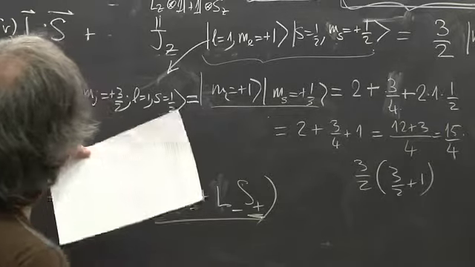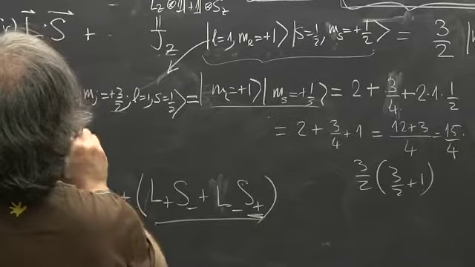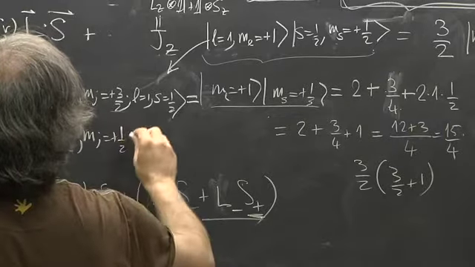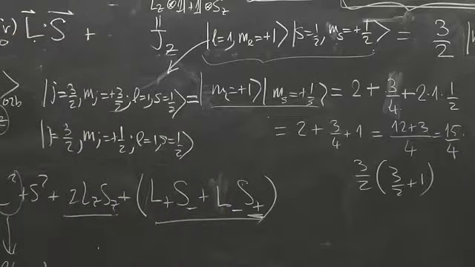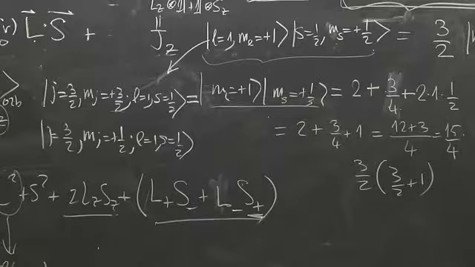Suppose that I ask you to calculate the friend of these guys. So I want, for instance, J equal to 3/2, Mj equal to plus 1/2, L equal to 1, spin 1/2. What do we do? There is a very definite procedure to follow here. Whenever I know the top state of a multiplet, the procedure to get to the lower one, which you used already to construct the spherical harmonics, is applying J minus.